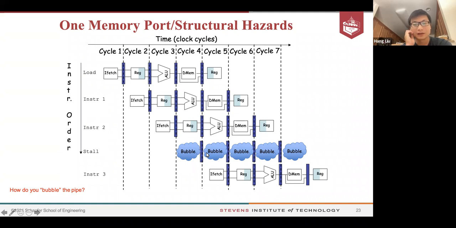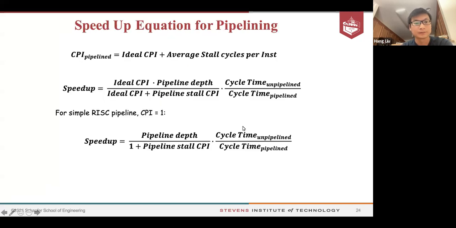For instance, a possible bubble is that we delay, we do nothing. When it goes to instruction fetch, we say, oh, the memory port is busy, so we delay for one cycle. That's the way we do bubbles. It's like some empty stuff is executing over there.